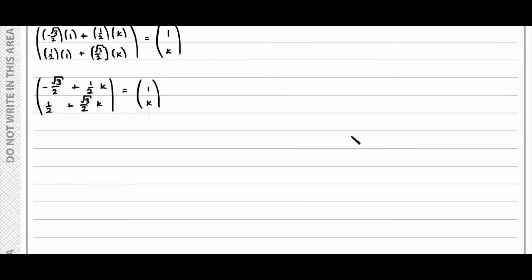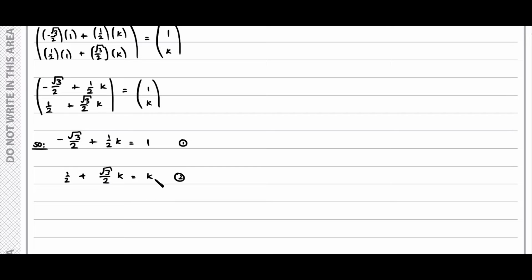So we've got two equations if we compare the components. We have our first equation, minus root 3 over 2 plus a half k equals 1. We've got our second equation, a half plus root 3 over 2 k equals k. We'll call this equation 2. If we solve equation 1 and equation 2 and we end up with the same value of k, we can therefore conclude that we have a real value of k.